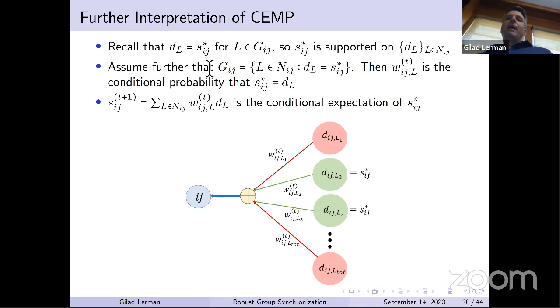So then W_ij is just the conditional probability of having this equality. Looking at this formula, we multiply by d_L. It means that s_ij at t plus 1 is just the conditional expectation of the ground truth corruption level. Okay, so it gives us a very nice interpretation of what we get at each iteration.